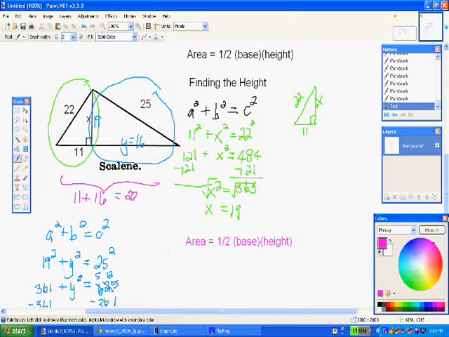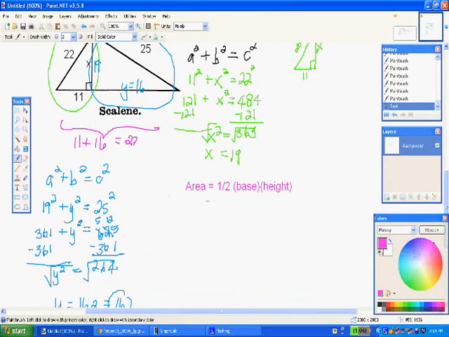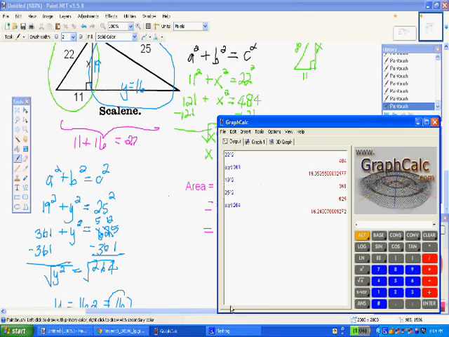And I'm going to go ahead and plug in all my different values. Equals 1/2 times the base we figured out was 27. The height was 19. So I'm going to go ahead and multiply 27 by 19.